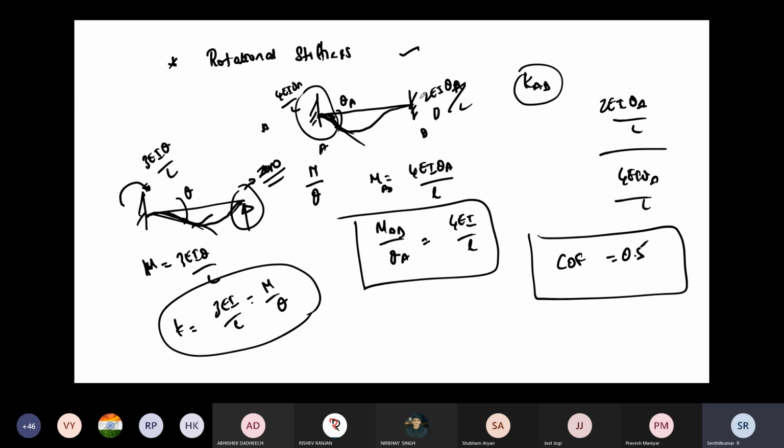Okay. So far end fixed, what is your stiffness? 4EI by L. Far end pinned, what is your stiffness? 3EI by L. So I can write here for stiffness: far end fixed, and far end pinned or simply supported.